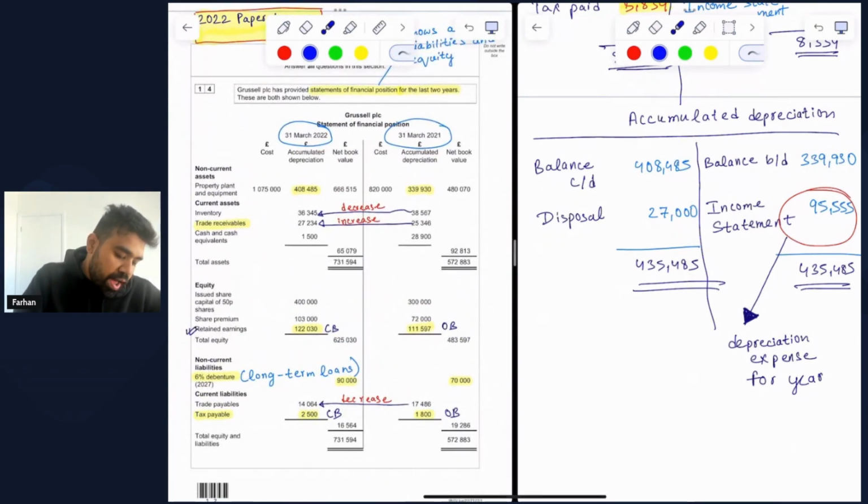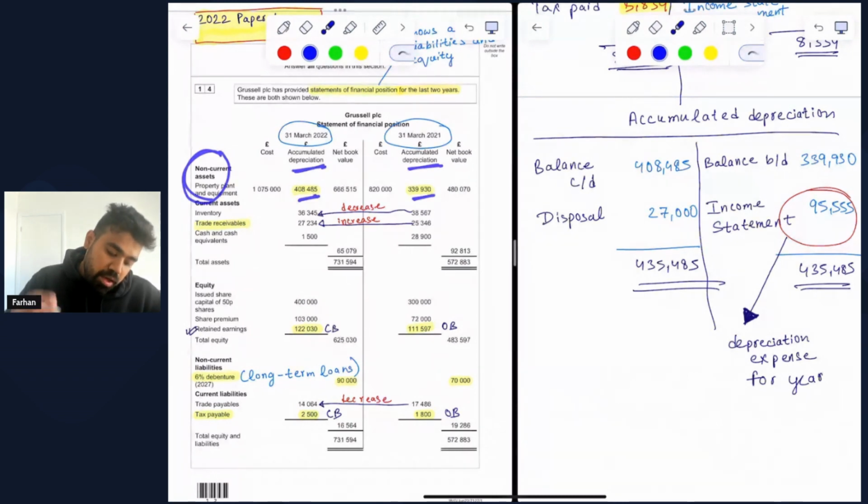In the non-current assets section, you will see that we have the accumulated depreciation given for 2 financial years. The previous financial year had an accumulated depreciation of 339,930, and the end of the current financial year has accumulated depreciation of 408,485.